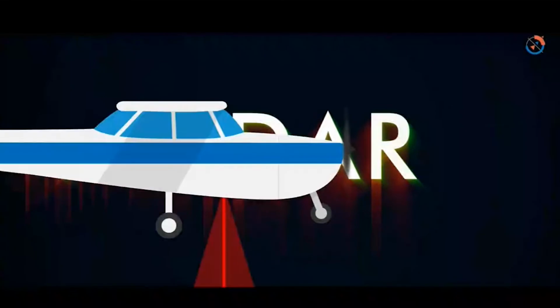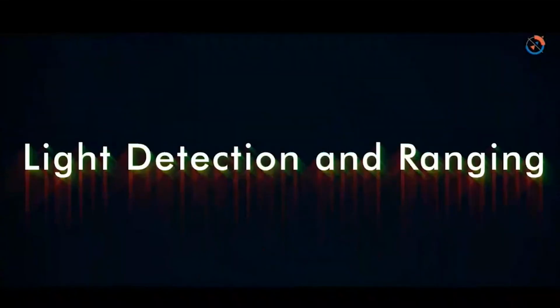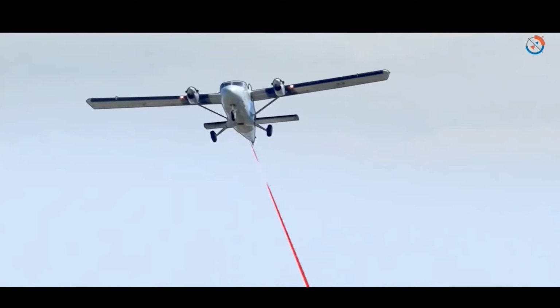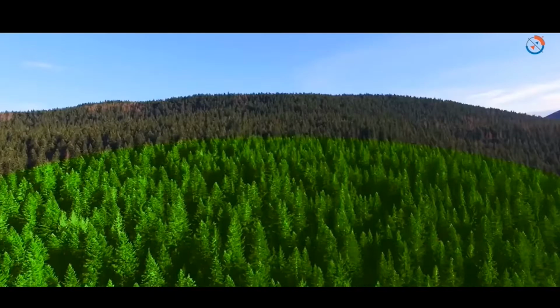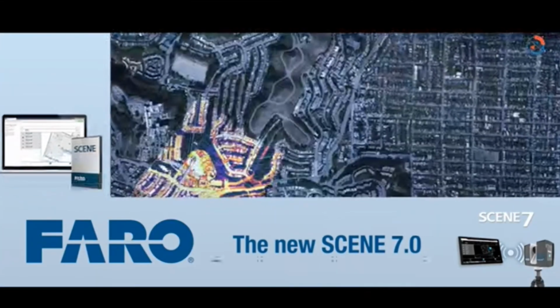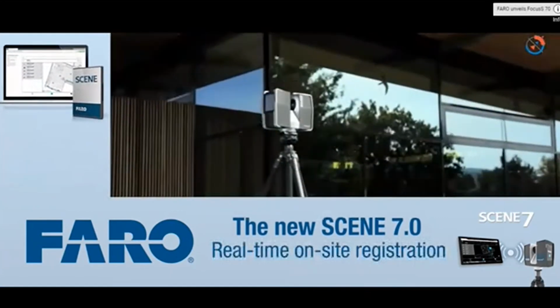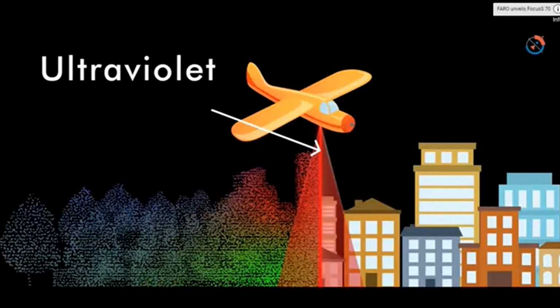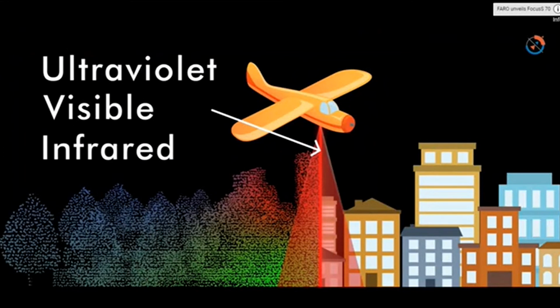LiDAR, light detection and ranging. LiDAR is a remote sensing method that uses laser to measure elevation like ground, forest, and buildings. LiDAR uses ultraviolet, visible, or near infrared source to sense objects.